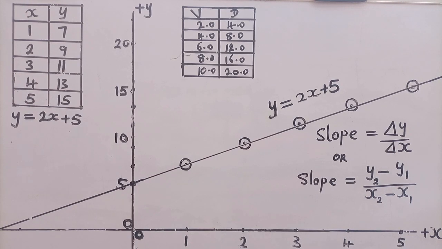Because the changes taking place will not be regular. When a table is not regular and we want to get the slope, it is not all tables which are not regular that would give us opportunity to find the slope therefrom. But some of them make it possible for us to get a slope, but not from the table directly.